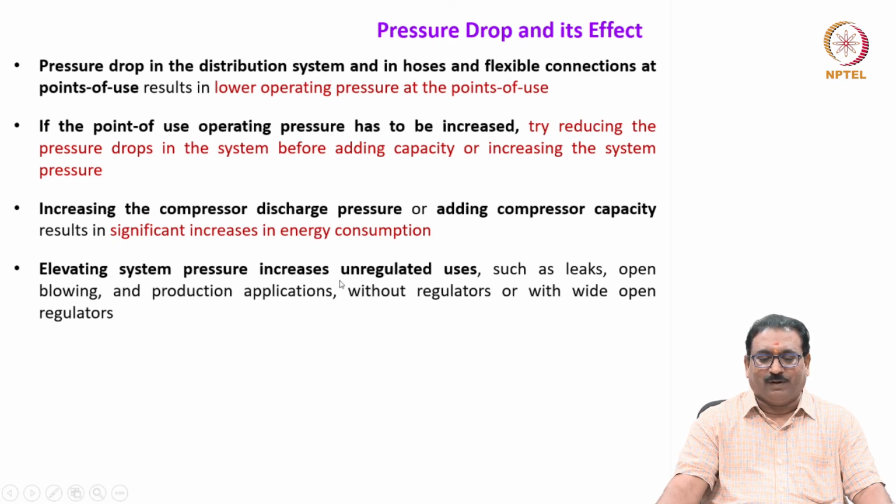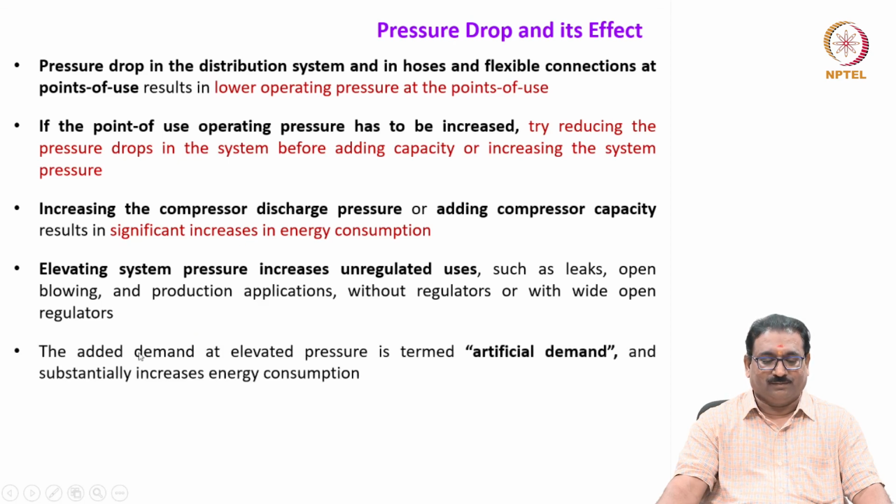Elevating system pressure increases unregulated uses such as leaks, open blowing, and production applications without regulators or with wide open regulators. The added demand at an elevated pressure is termed artificial demand and substantially increases energy consumption.